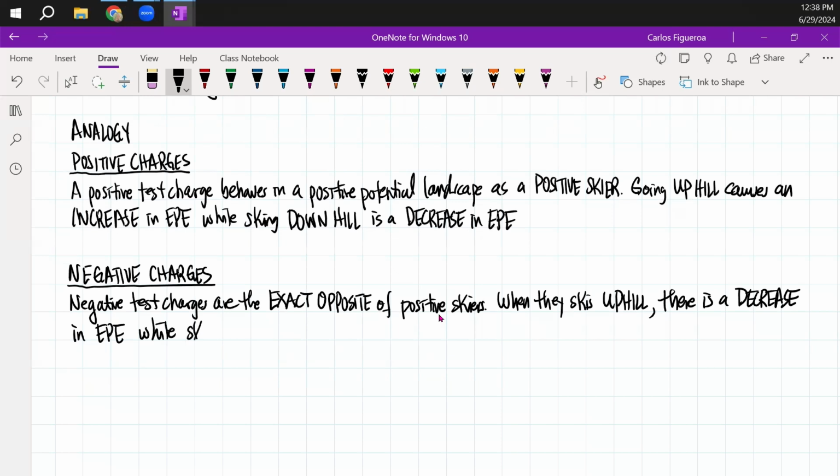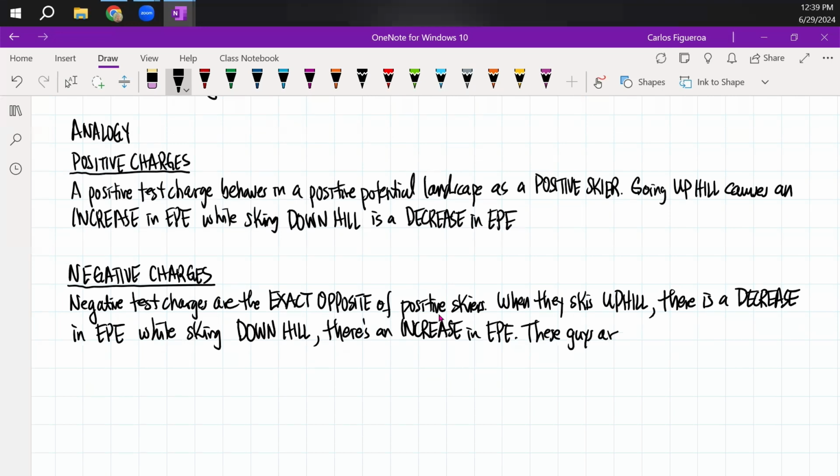While skiing downhill, there's an increase in electrical potential energy. These guys are anti-skiers, right? They do the opposite.